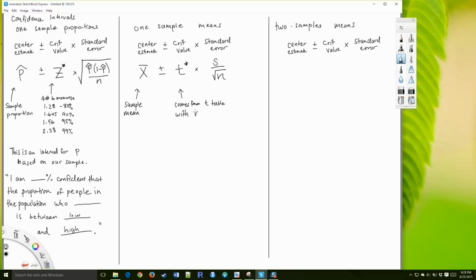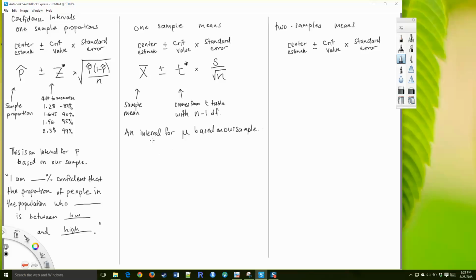With n minus 1 degrees of freedom. Okay, this is an interval for mu based on our sample.